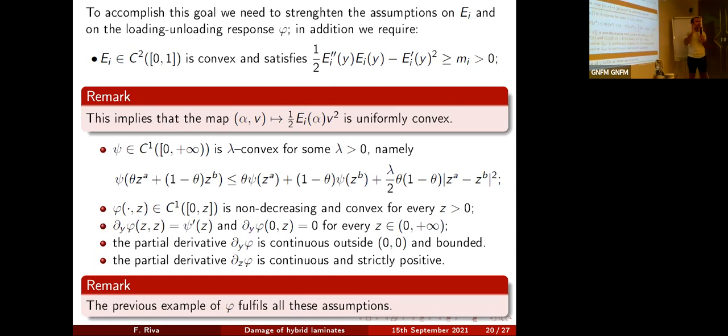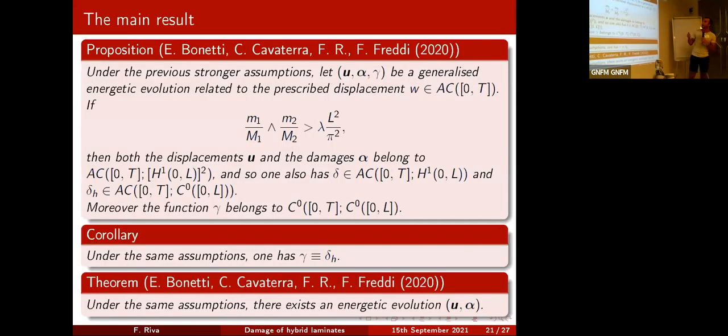So, in a mechanically meaningful context, which is the example I gave you before, we fulfill these assumptions, so we are able to improve the result. And the final result is summarized in this slide.